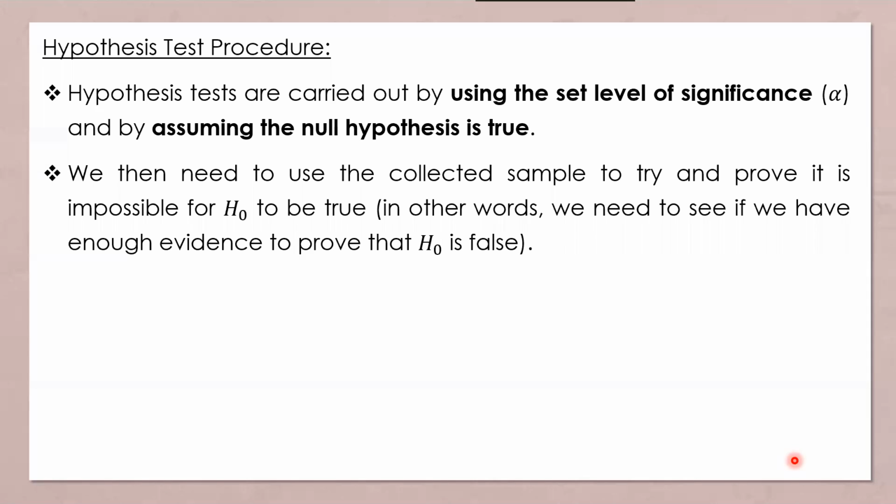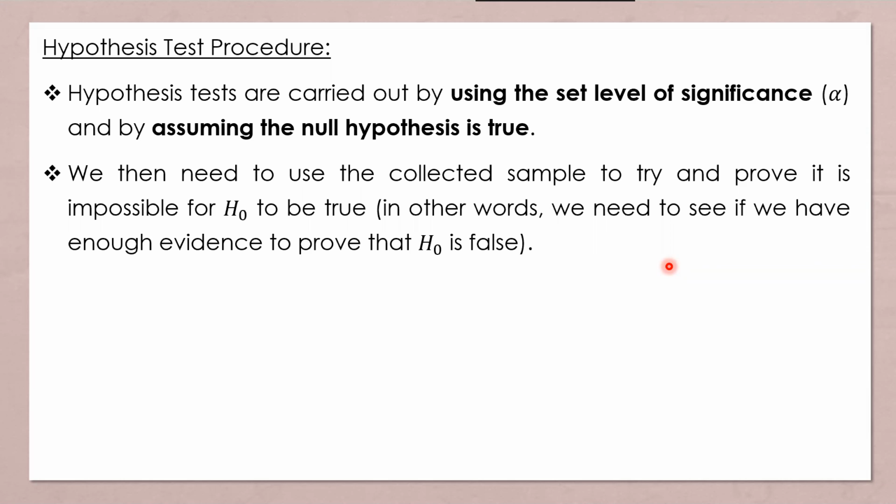And then we try and prove, based on the evidence that the sample is giving us, that it is impossible for this null hypothesis to be true. Okay, so basically it means that we have enough evidence based on our sample to prove that the null hypothesis is false and must be rejected. Okay, so that's all we're trying to do.